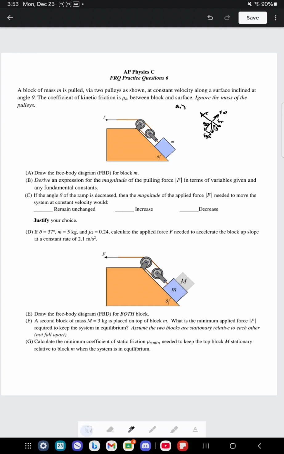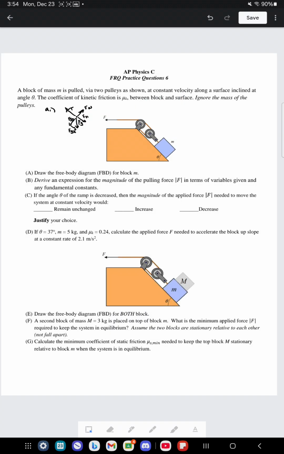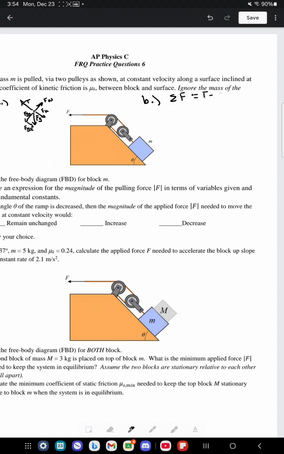For part B, I'm gonna actually move this over here. For part B, the net force of the block is equal to the tension that is pulling the block up the ramp minus the opposing frictional force, as well as the force of gravity.